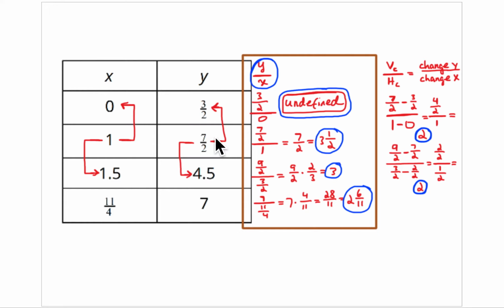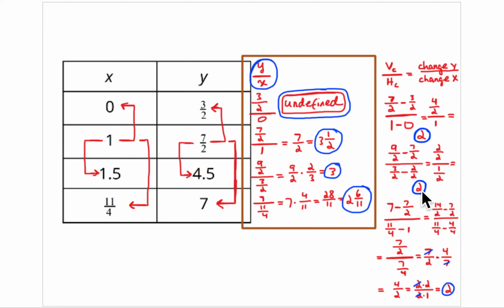And if you're moving from 7/2, which is the same as 3.5, to 9/2, which is the same as 4.5, that's 9/2 minus 7/2, which gets you to 2/2. Either way you do it, you get to 1. 1 divided by 1/2 is equal to 2. So how many halves are there in one thing? There are 2 of them, so that's equal to 2.